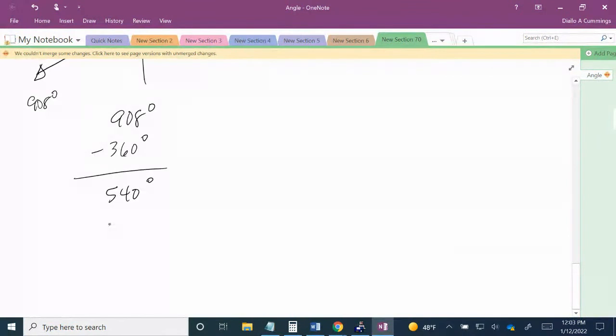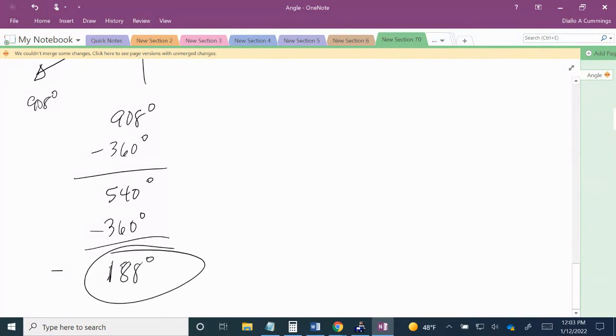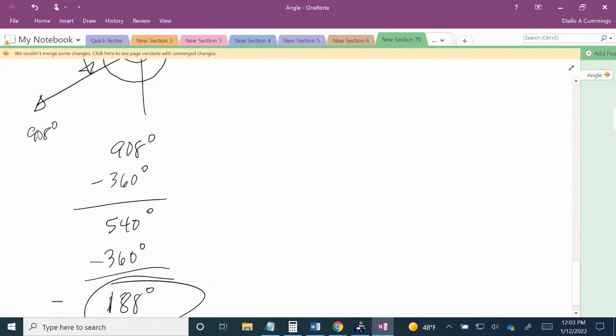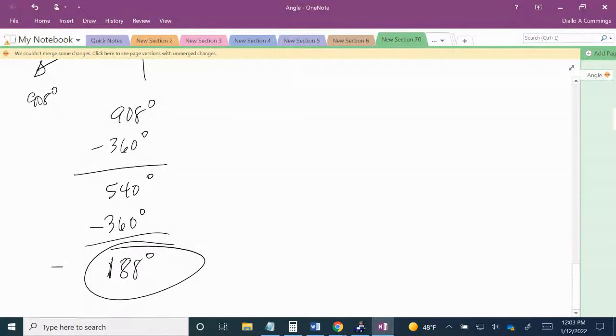I'm going to subtract 360 more, and we get 188 degrees. So 188 degrees is coterminal to 908 degrees. It's simply a matter of adding or subtracting 360.